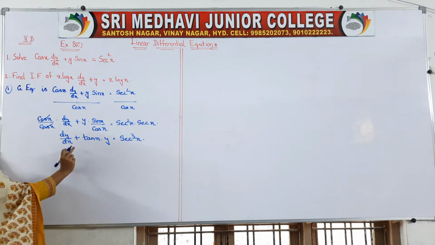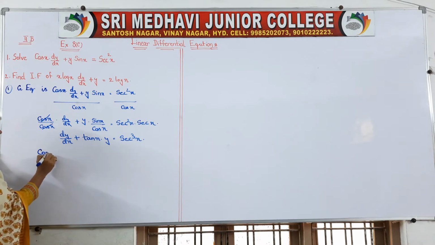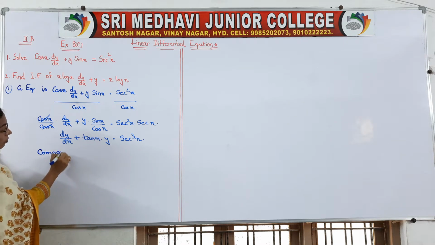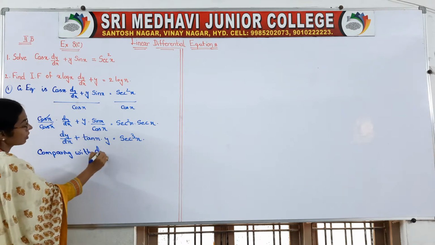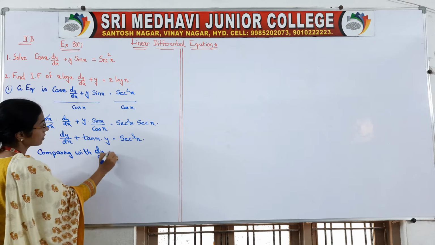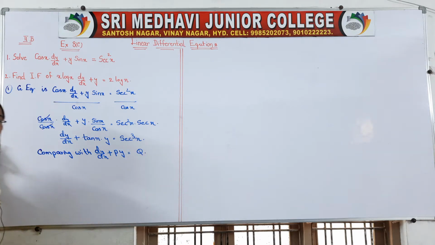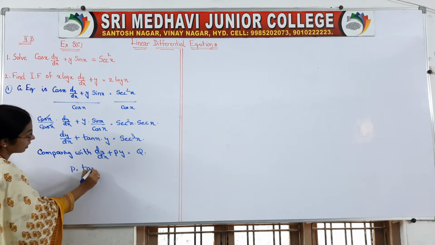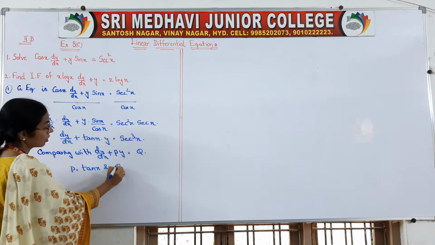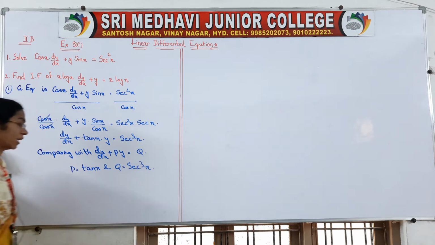Right, so we can write this equation by comparing with dy by dx plus py is equal to q. So your p is equal to tan x, and q is equal to secant cube x.